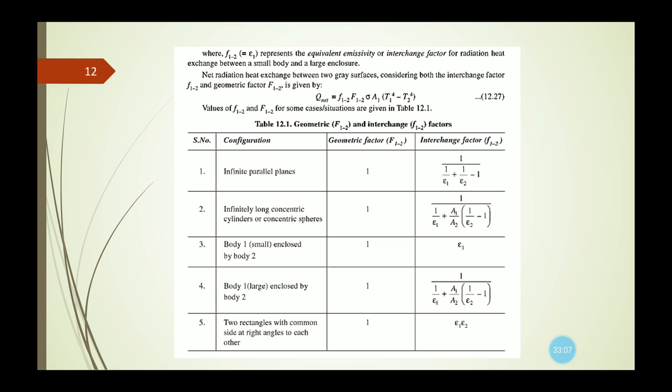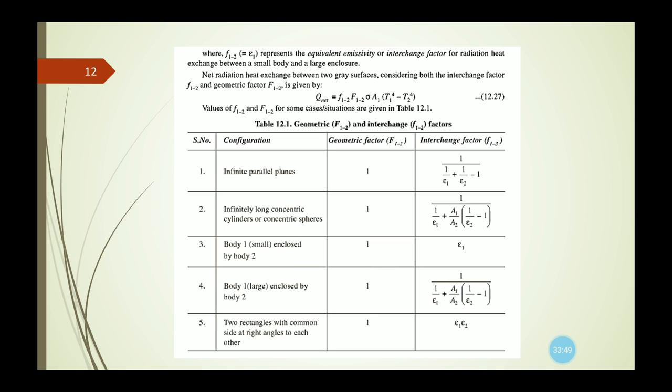Now the net radiation heat exchange between two gray surfaces, considering both the interchange factor small f12 and the geometric factor capital F12 based on the shape factor analysis, can be represented by equation 12.27: Q net equals small f12 multiplied by capital F12 multiplied by sigma A1 multiplied by T1 to the power 4 minus T2 to the power 4.